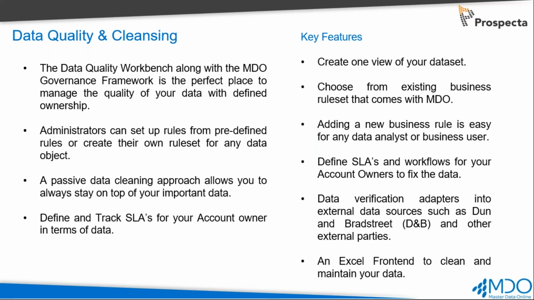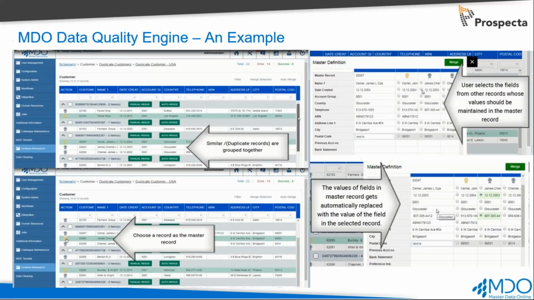All right, so we'll give you one of the examples of the data quality engine. MDO can have duplicate rules set up, which can be fuzzy based or exact match with exclusion rules and similar words.